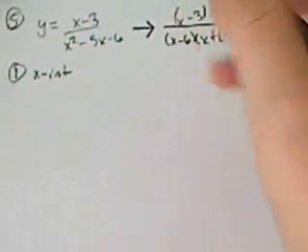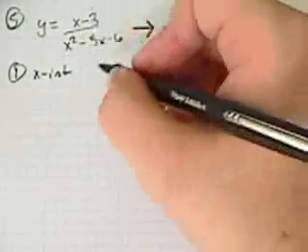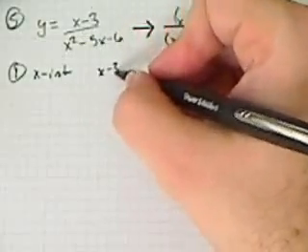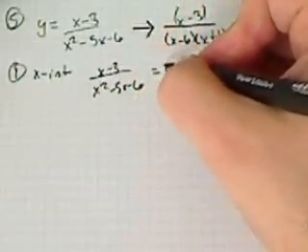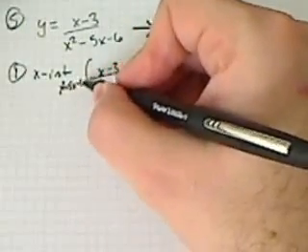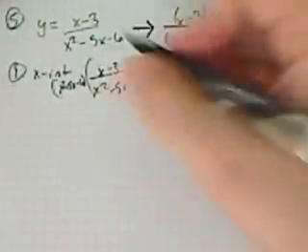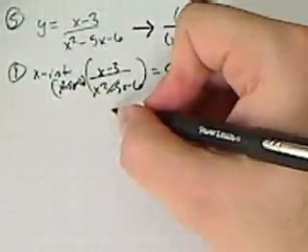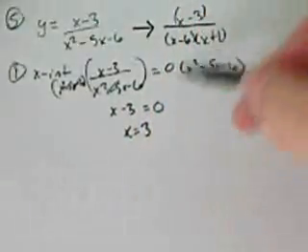So our x-intercept, we set y equal to 0. So x minus 3 over x squared minus 5x minus 6 equals 0. We multiply both sides by the quadratic in the denominator, which leaves us with x minus 3 equals 0, where x equals positive 3.